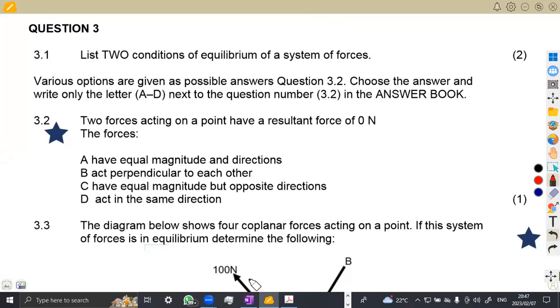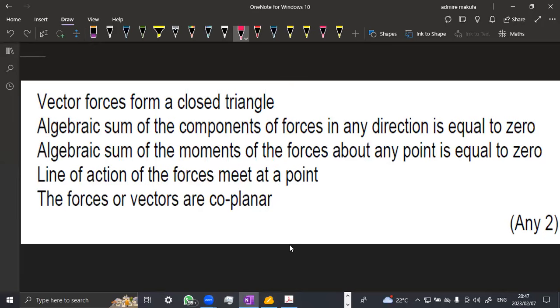All right, so you have got a list of conditions that you can choose from. The vector forces form a closed triangle. The algebraic sum of the components of forces in any direction is equal to 0. And the algebraic sum of moments of the forces about any point, again, is equivalent to 0.